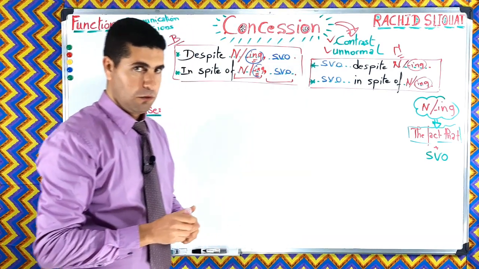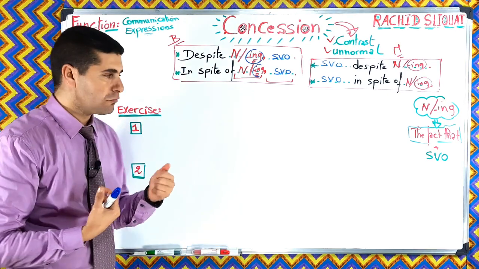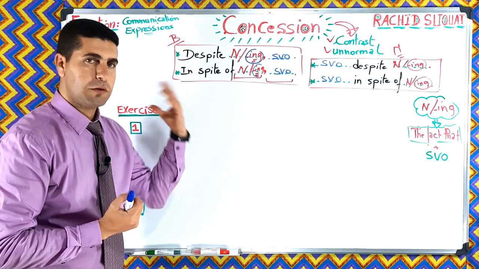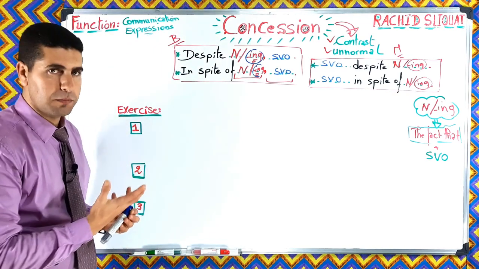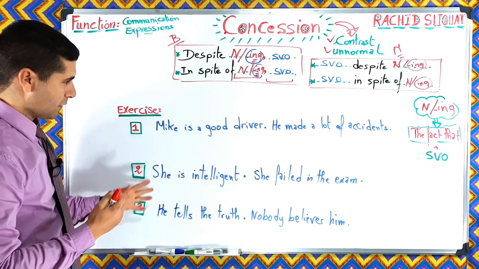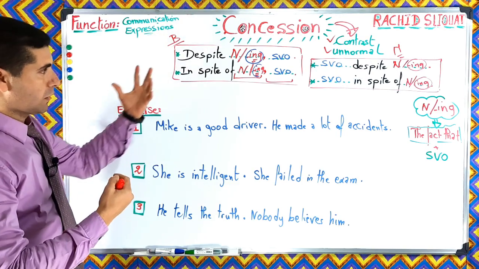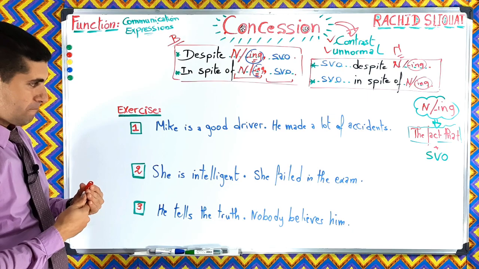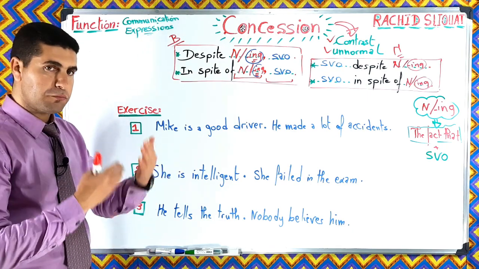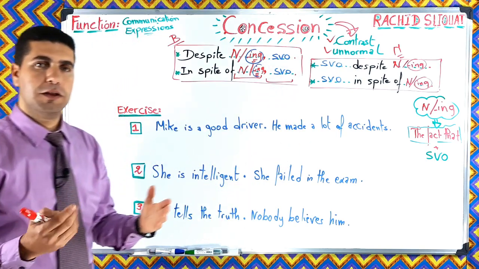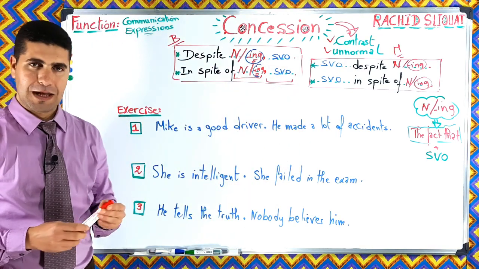Now let's do an exercise in which we apply these patterns. Here we have three sentences, and we are going to link them using these expressions. You can pause, try to rewrite them using these patterns, and then we do it together.